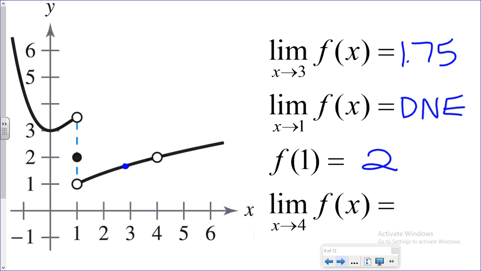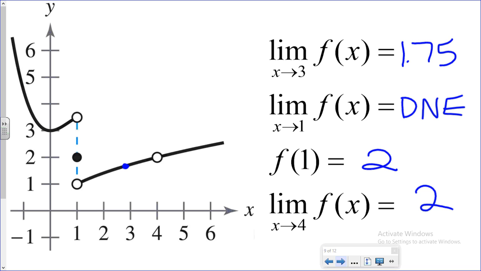There's a filled in coordinate there, that is the function value. So the limit doesn't exist, but the function value exists. That's okay. The limit as x approaches 4, pod 4. The limit as x approaches 4 is 2 because that's the y coordinate of that hole. Perfect.